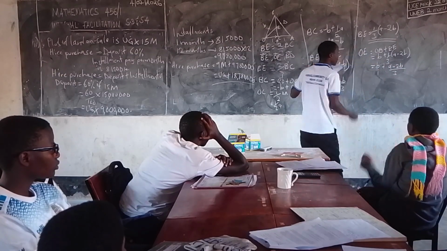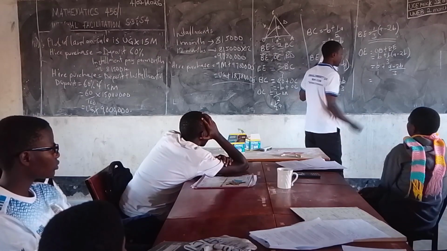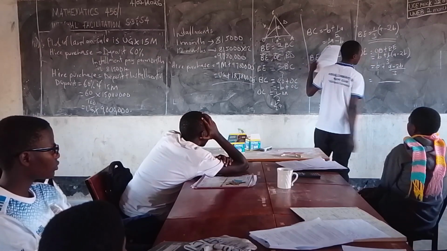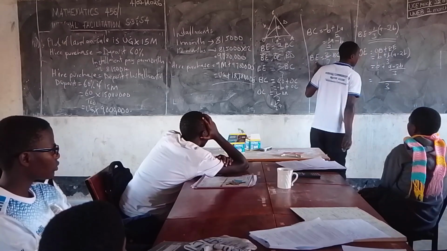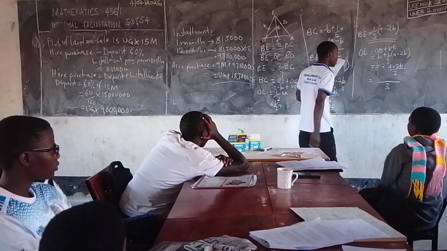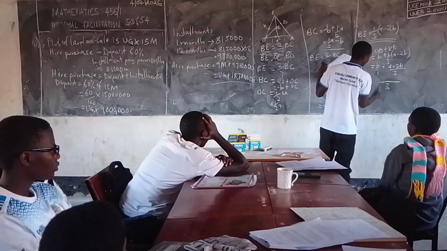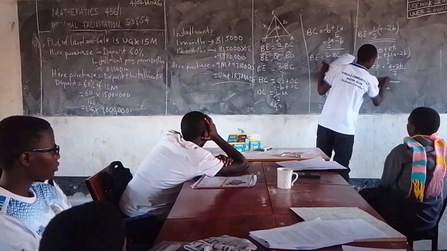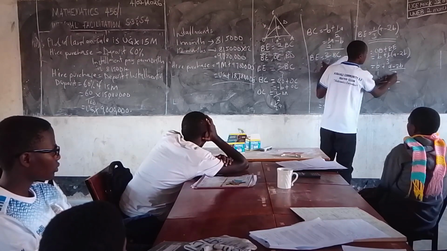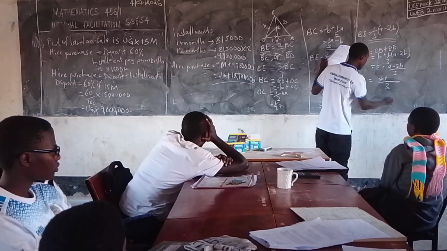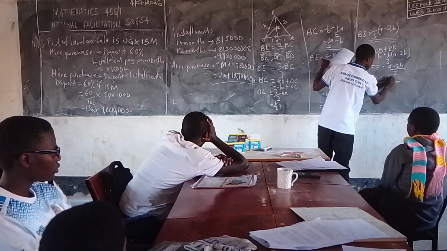This B is over 1, so the LCM is 3. So make it over 3. 3 divided by 1 is 3, times B, is 3B, plus the same A minus 2B.